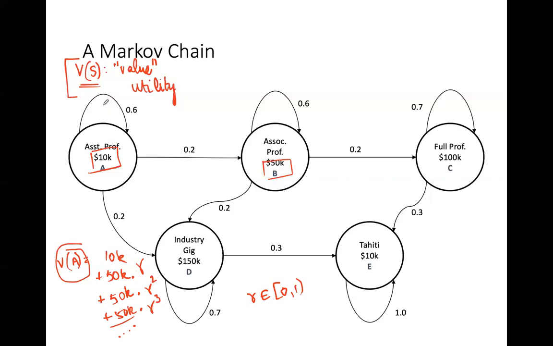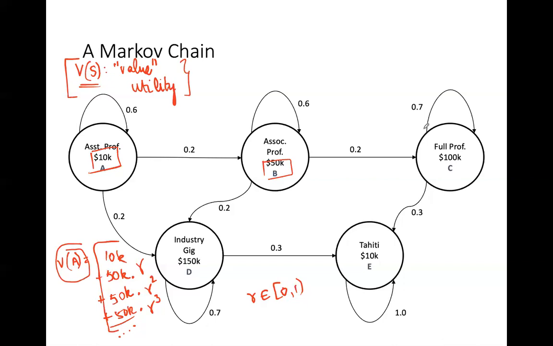So the value function, once we have discounting in place, we can define more precisely. It refers to the expected sum of your discounted future rewards. In other words, run this chain forever and sum up, average over all potential trajectories you could see, the payoffs you could get, while making sure to discount them.